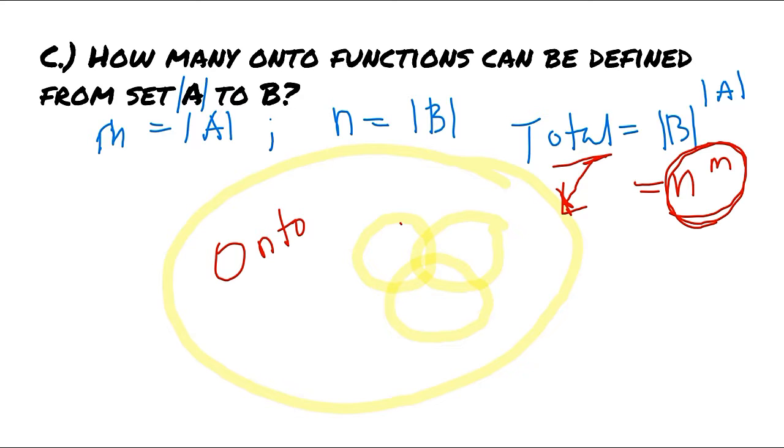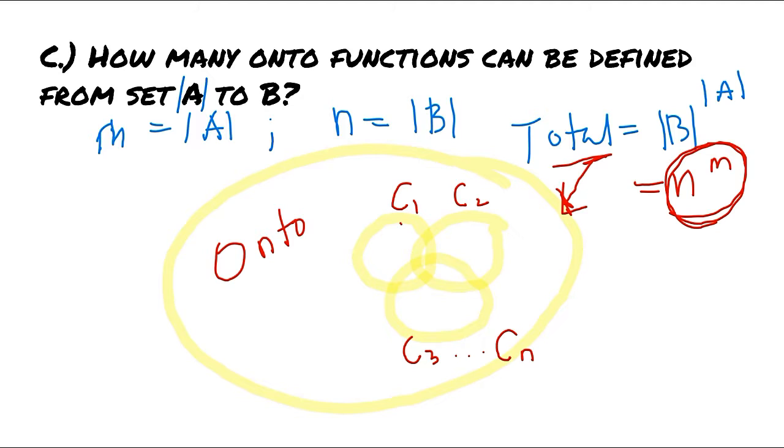But what are these functions that don't satisfy the onto definition? Let's give them a name. Say this is set C1, set C2, C3, and so on until C sub n, n being the cardinality of set B, the codomain elements.